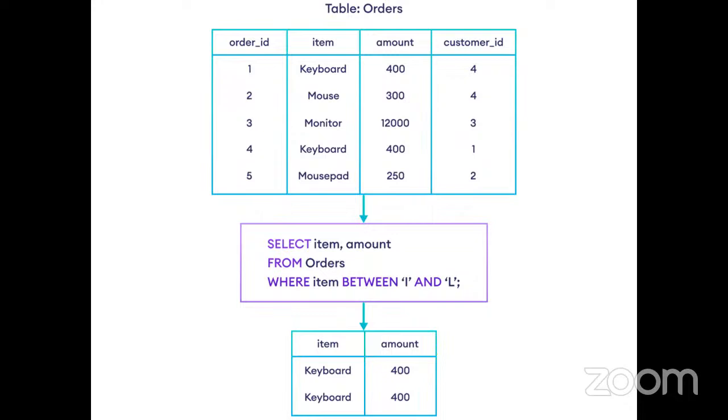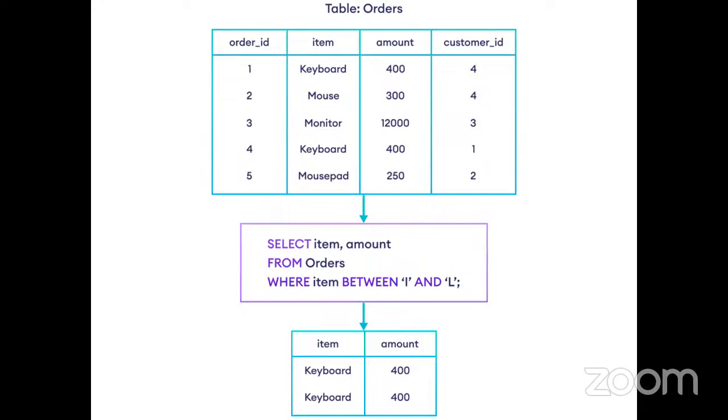For us, for example, when you look at this, which items have I to L? Where item BETWEEN I, we have I somewhere here. I don't see I on the monitor. What about L? Okay, which means between I and L alphabetically. Let us go alphabetically: A, B, C, D, E, F up to the last one.